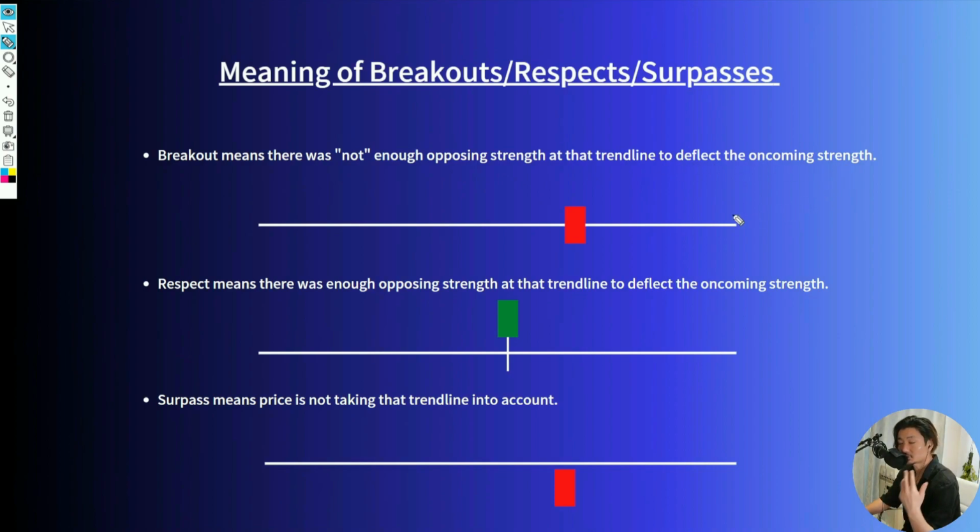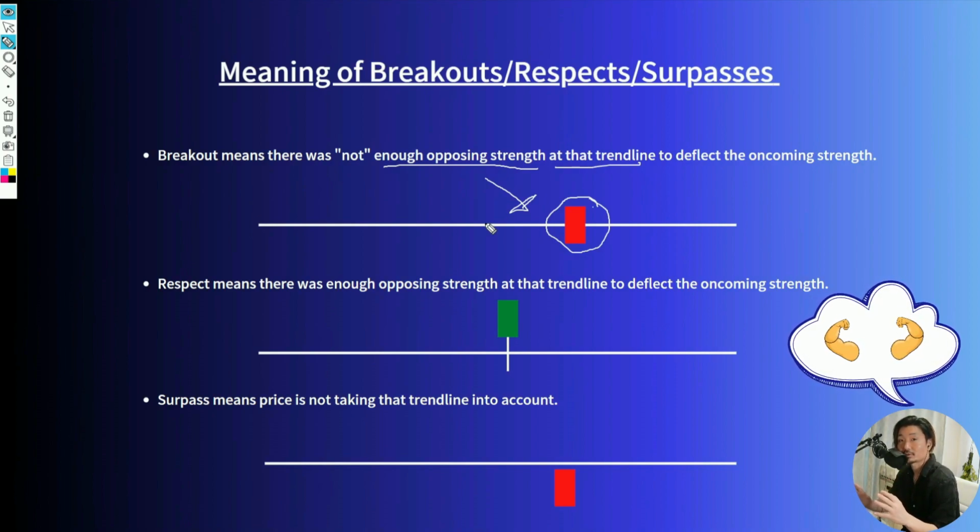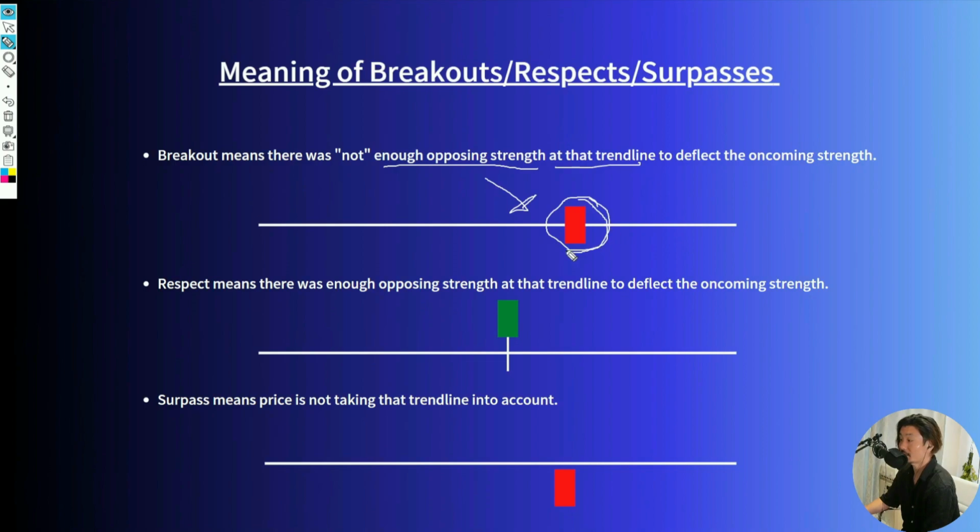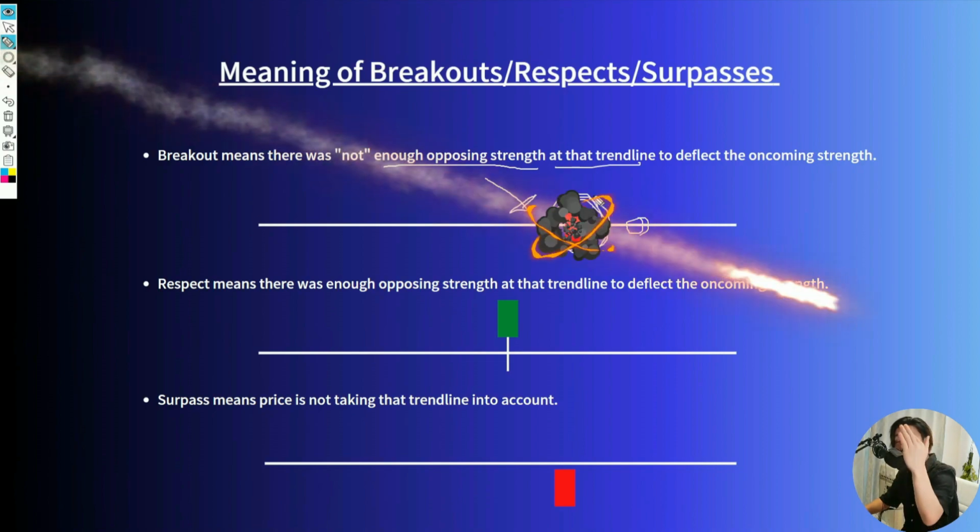So as a price action trader, if there's a breakout of this trend line, you want to interpret this event as there was not enough opposing strength at that trend line to deflect the oncoming strength. Because you want to remember, we're always thinking in terms of strength.